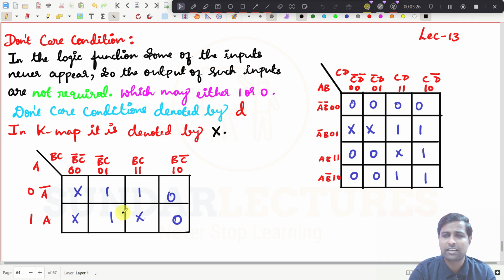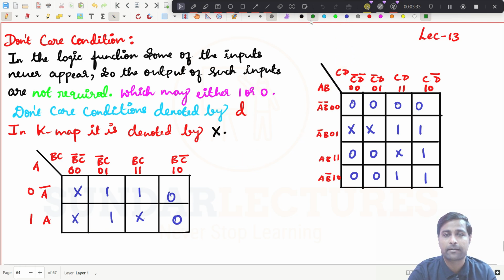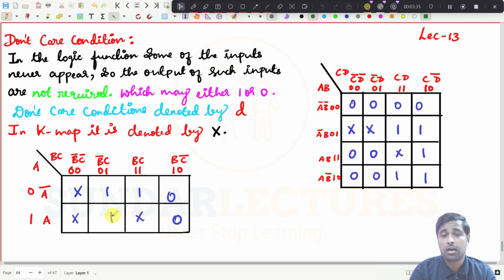See here, for an octet, all ones should be there, right? So it is not possible because there are zeros. And what I can do further is go for a quad possibility. If I cover these two, this x can now be considered as 1. Try to understand. I need to cover these three ones, and if I consider this x to be 1, let it be 1 or 0, that is what the don't care condition is telling you.